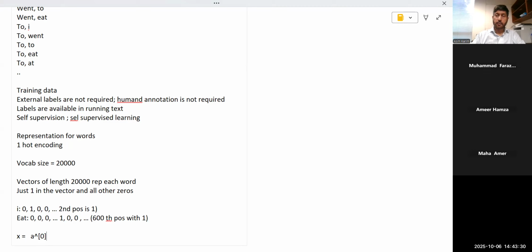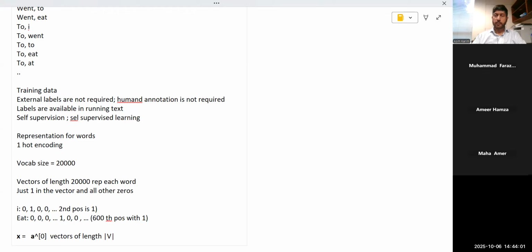Remember the notation? These are vectors, these are bold. Okay, vocabulary size.